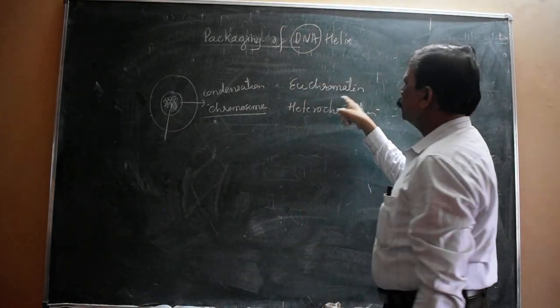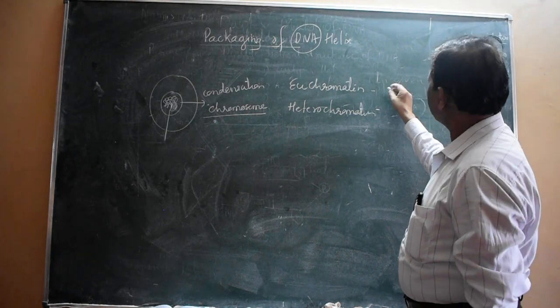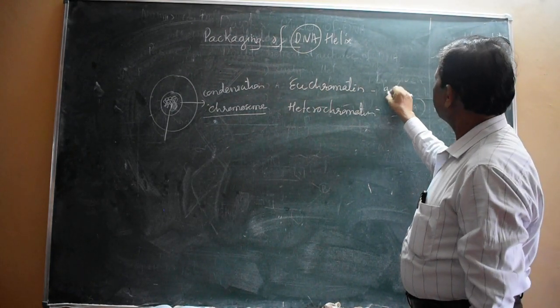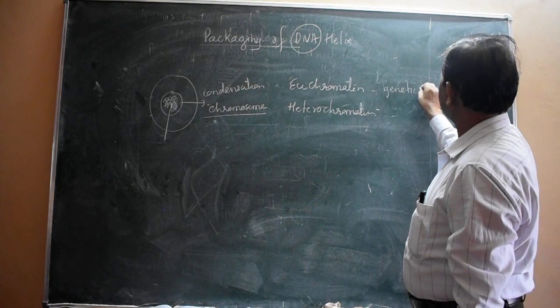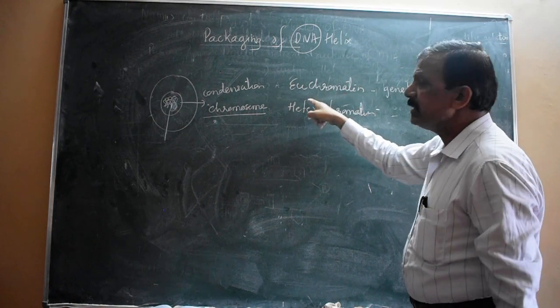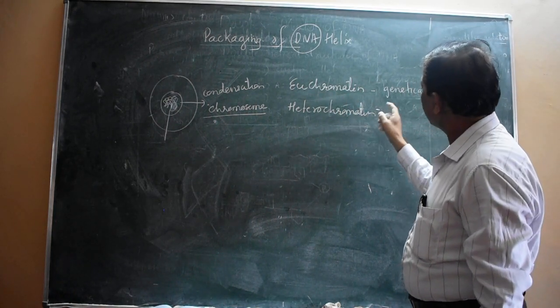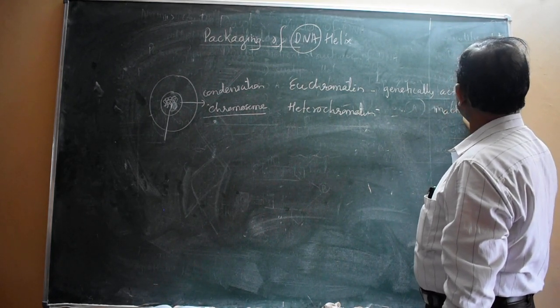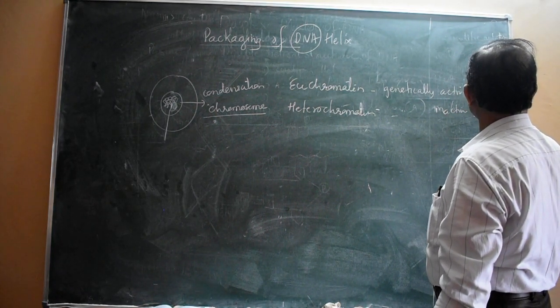So euchromatin is genetically active, loosely arranged, and light in color. And heterochromatin is genetically inactive and dark in color.